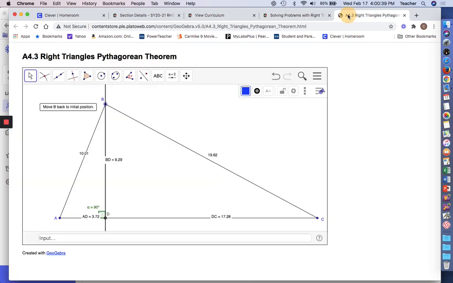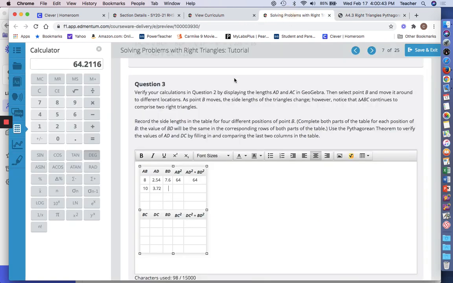BD is 9.29. So 10 squared is 100. Now we're going to do AD squared plus BD squared. So we square these two: 3.72 squared plus 9.29 squared equals about 100. Yep. So all we're doing is just verifying the Pythagorean theorem.